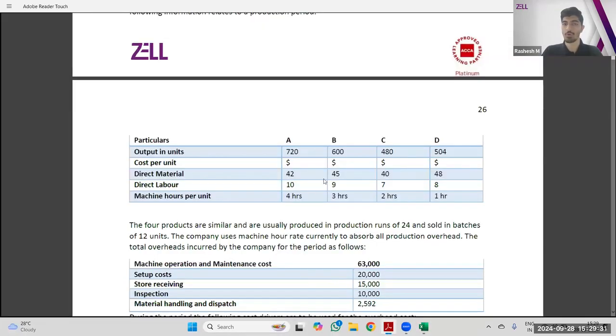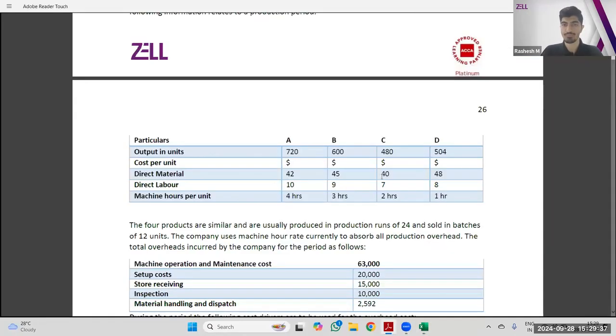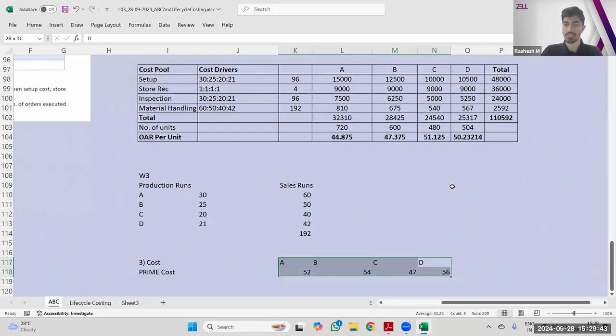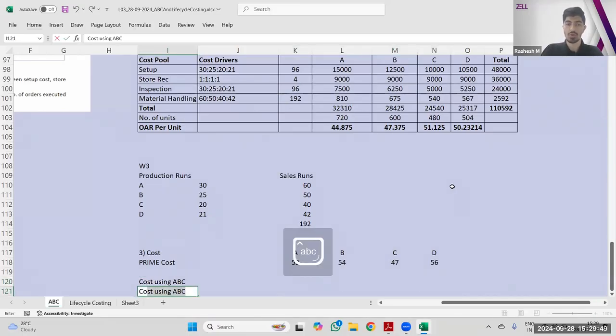So material and labor is essentially our prime cost. So prime cost being 42 plus 10, 52, 45 plus 9, 54, 40 plus 7, 47, and 48 plus 8, 56. So cost using ABC, cost using absorption.